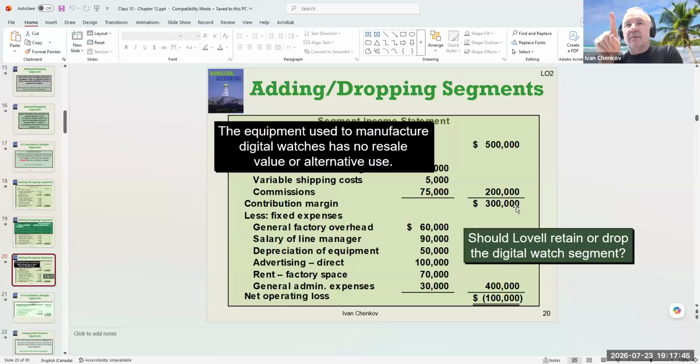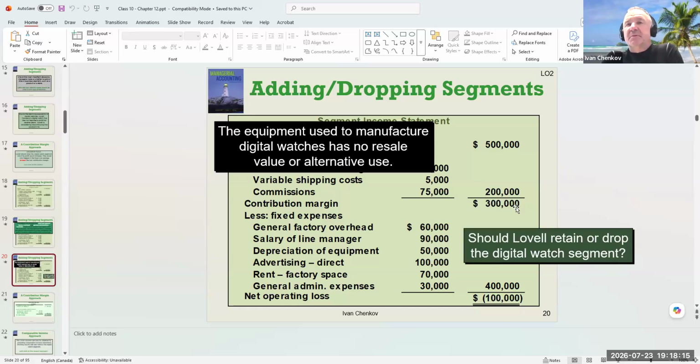We already said the $60,000 general factory overhead is not going to be saved, so those should be removed. The $30,000 general administrative expenses should be removed. Depreciation of the equipment which you're using, again, since there's no resale value, I don't know why it's even on this report. Yes, for the financial statements shown to somebody else, we should show depreciation.